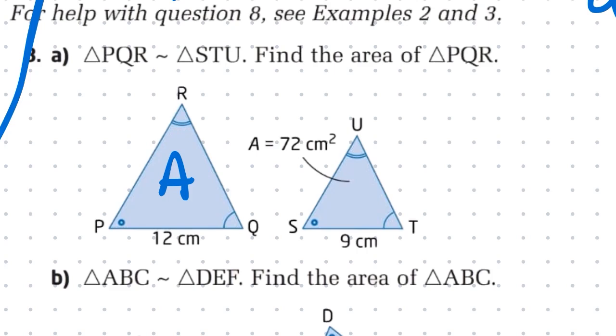But how do you find the k value? By finding the ratio of the other area. See, we don't know the area value, right?